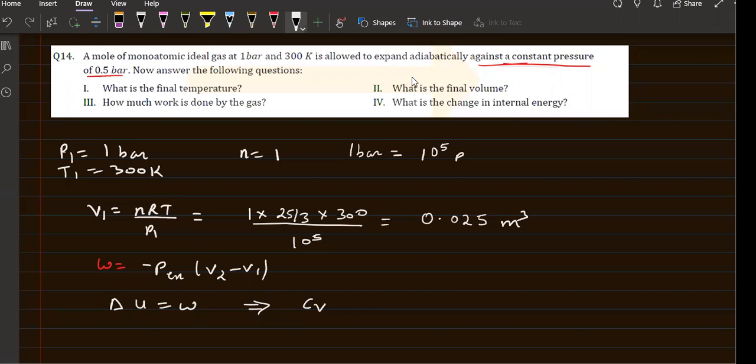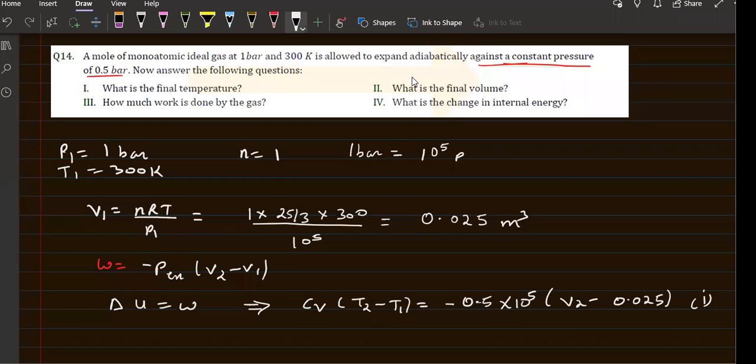So it will be CV delta T, which is T2 minus T1, is equal to the work done, which is minus P external, which is 0.5 into 10 power 5 into V2 minus V1, where V2 minus V1 is 0.025. Now this is my first equation.